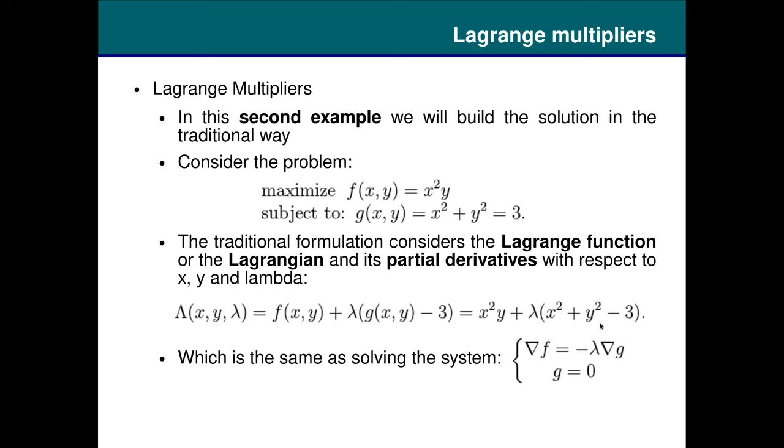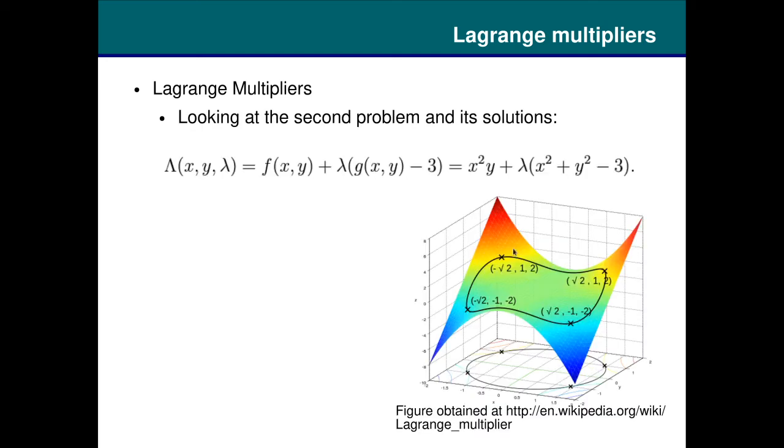So I can solve for this system, which is the same as the gradient of this being equal to minus the gradient of this, or maybe if I want to find the gradient for all this equal to 0, it's the same as this. Again, I have to ensure my constraints are satisfied, otherwise my problem is not solved. Solving this problem, this is the surface.